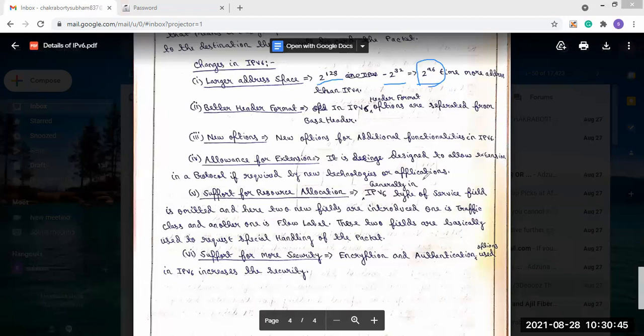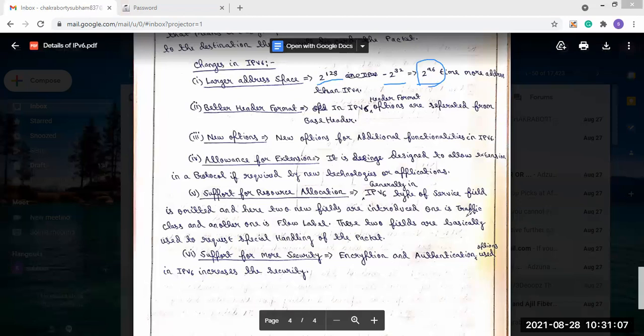For support of resource allocation, in IPv4 there is a field called the service field, but in IPv6 we don't use that.